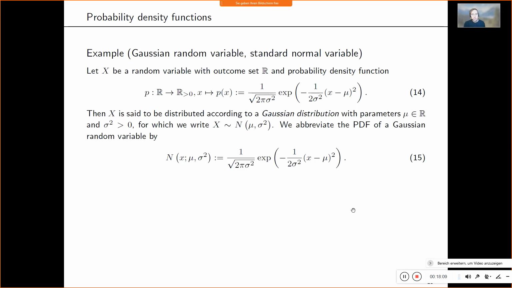We write for that x is distributed according to N(mu, sigma square), and the PDF we abbreviate again with this extra x in there. This is just a short notation for this function.